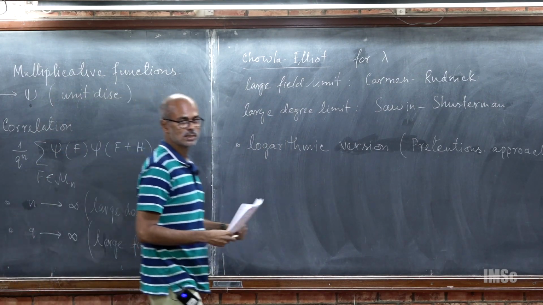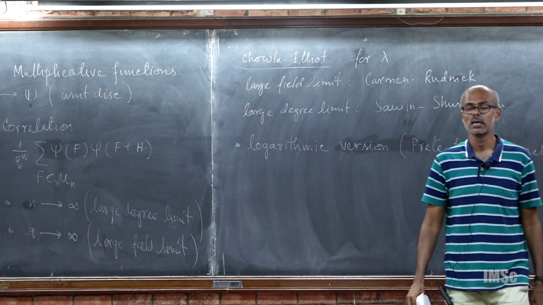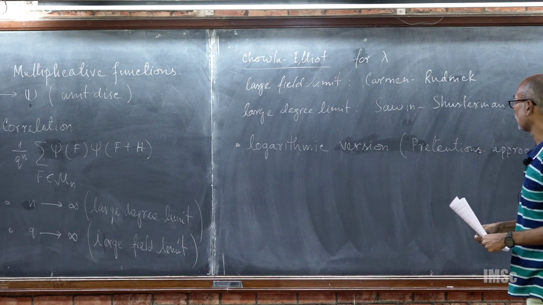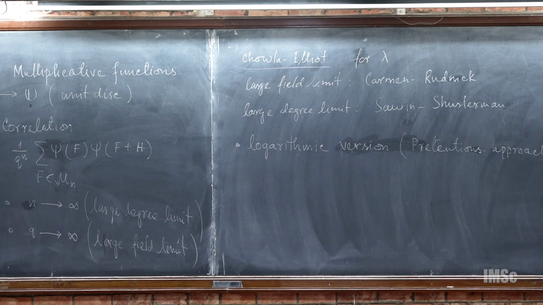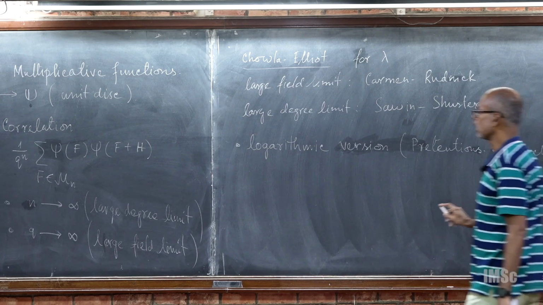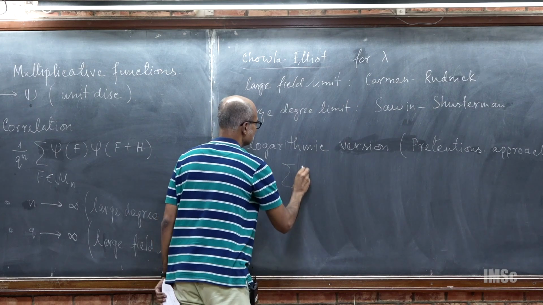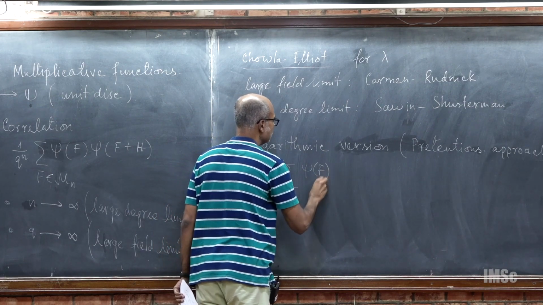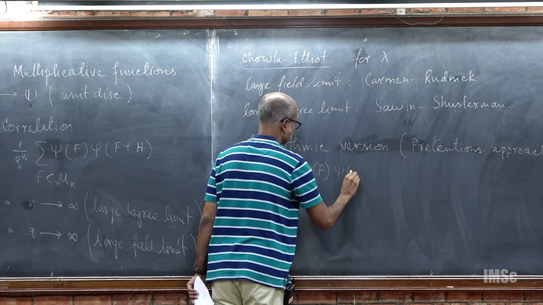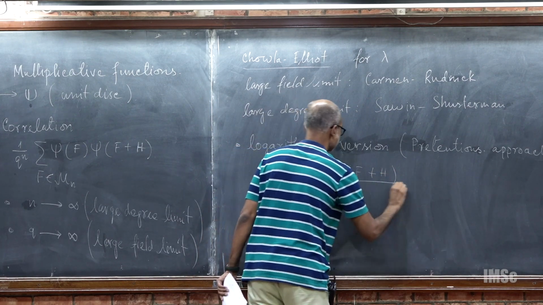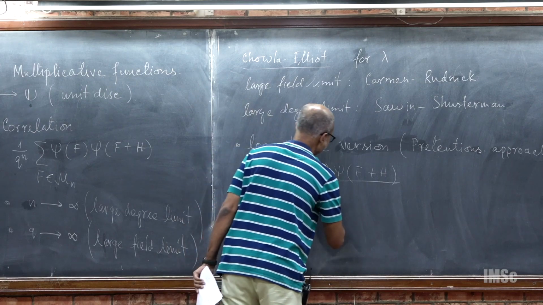Sorry, what is the logarithmic version? Okay, the logarithmic version is just this. So the dividing by n is not obvious.